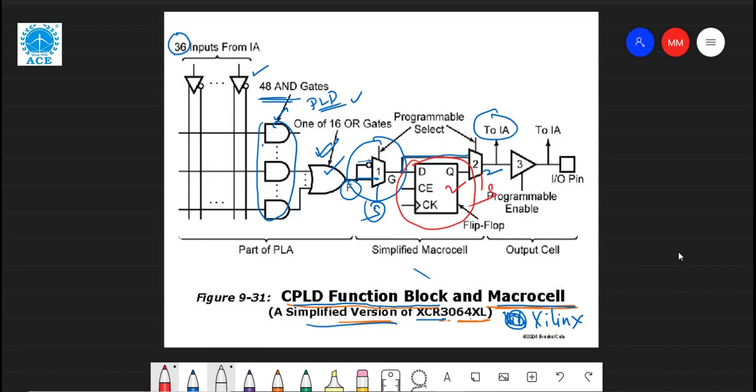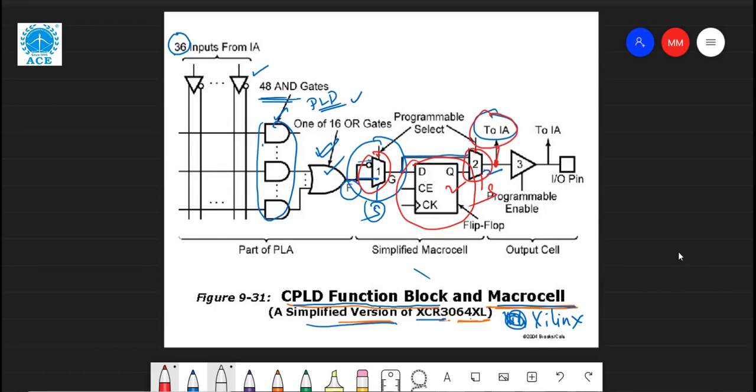So these two are programmable select lines. The muxes used here have programmable select lines, so I can select either the complement or the direct function of the OR gate. This output will go again to the IA, that is the interconnect array.